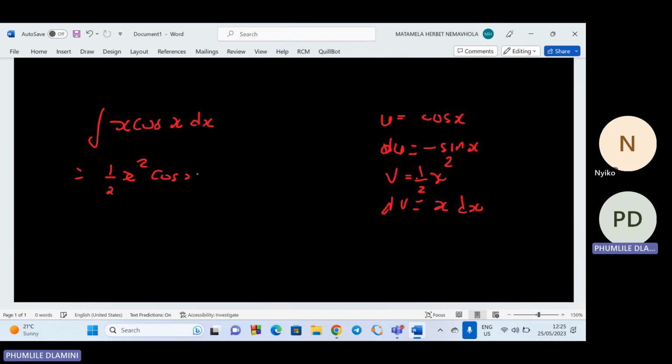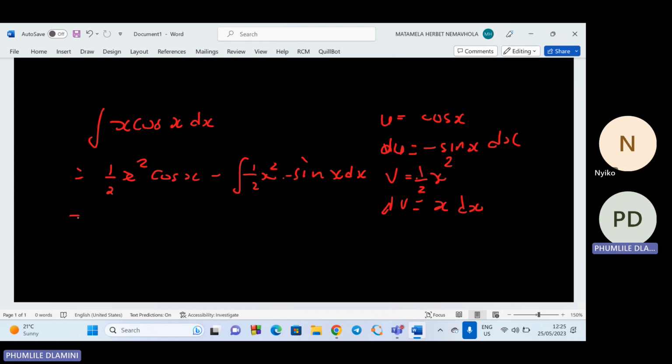cos x minus the integral of v, which is 1/2 x squared, times du, which is negative sine x dx.